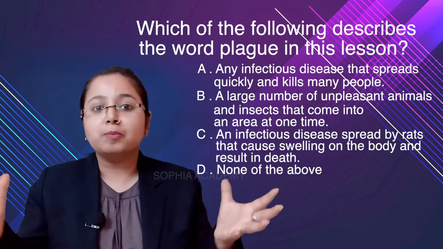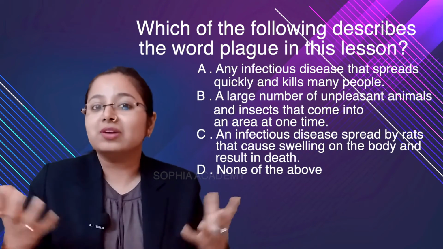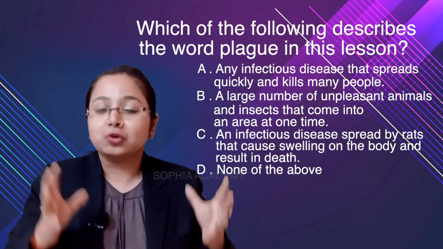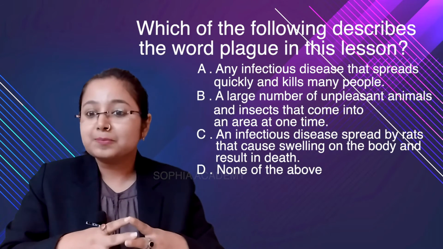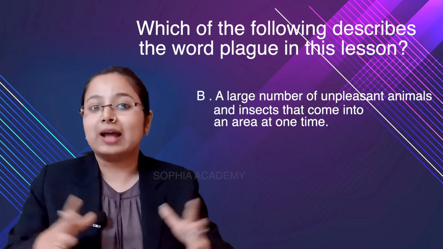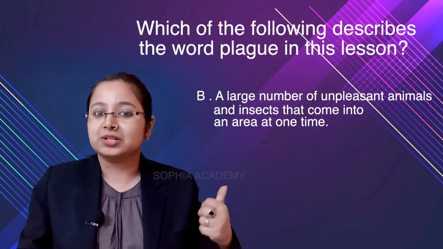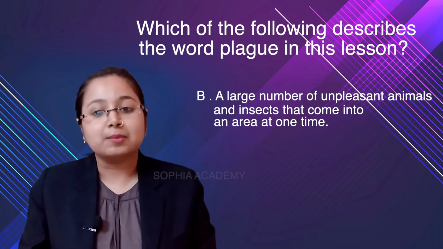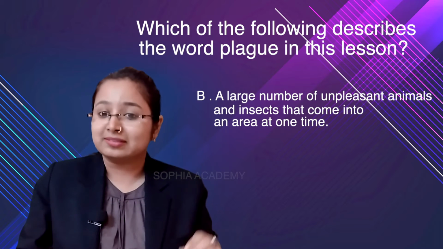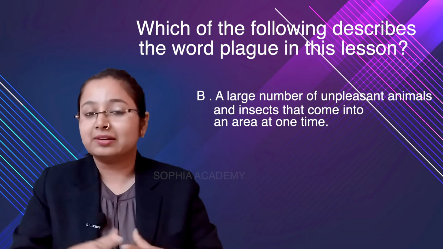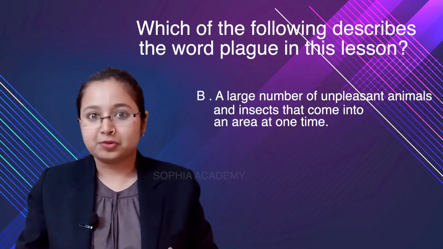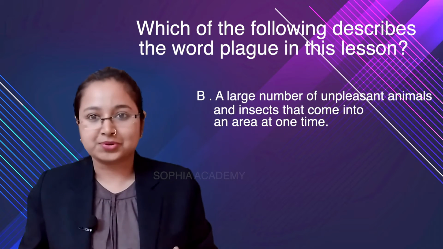Locust means a swarm of insects that comes together and causes destruction or damage. So the correct option will be option number B, that is a large number of unpleasant animals or insects that come into an area at one time. So this will be the correct option.